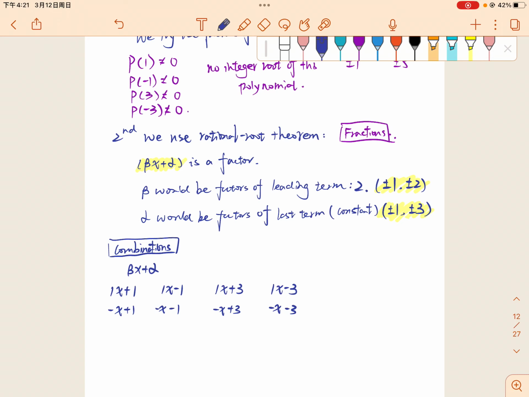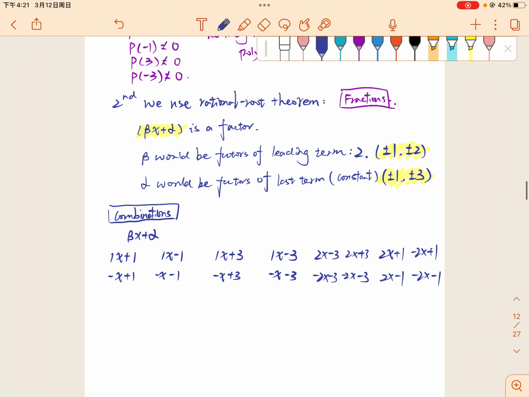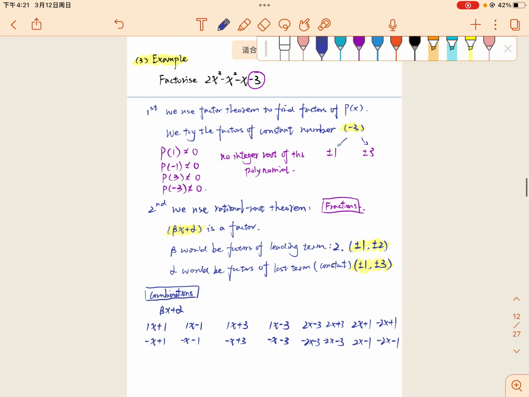Or we can have 2x minus 3, negative 2x minus 3, 2x plus 3, 2x plus 1, 2x minus 1, negative 2x plus 1, negative 2x minus 1. So we have different combinations.